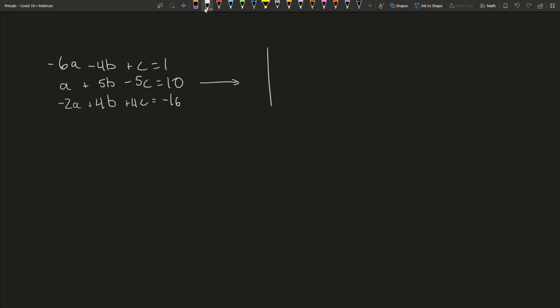That coefficient matrix is just the coefficients of A, B, and C in this case. After we have that, we need to take the determinant of it.